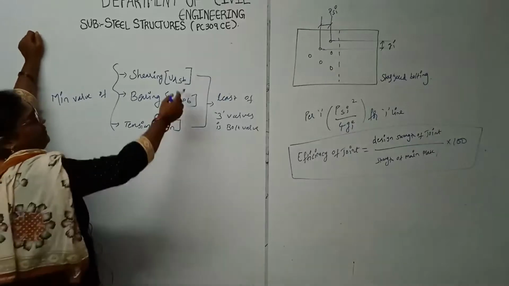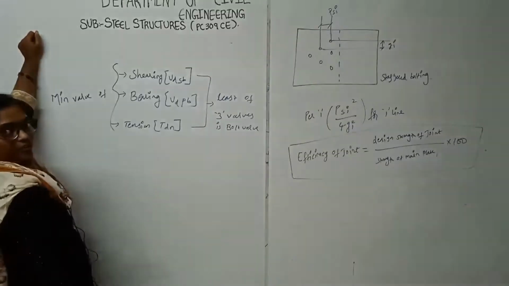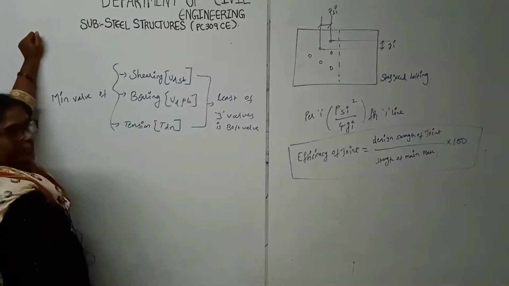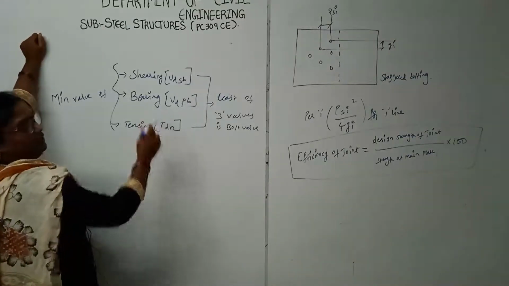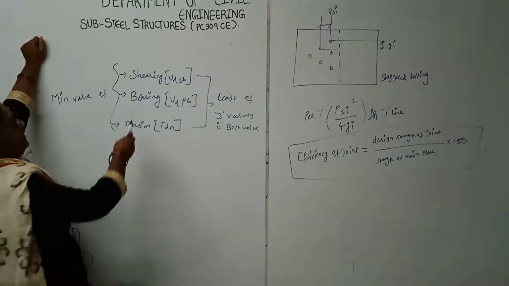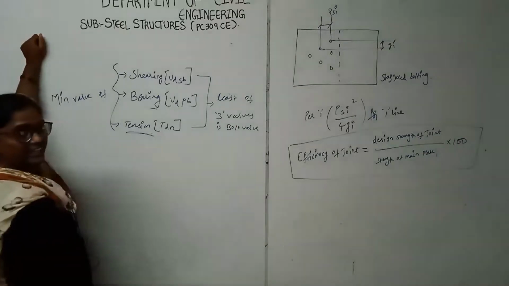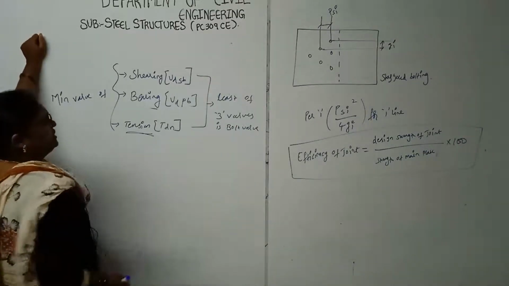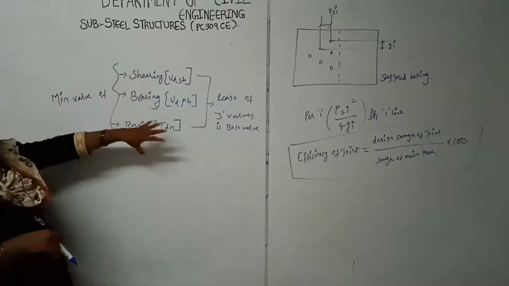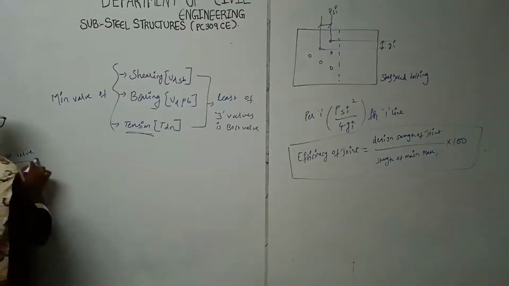There we calculated the shearing, and we got the value KB. From that we calculated the VDPB. After that for the plates we calculated the tension. Among these three we get the minimum value. That minimum value is taken as the bolt value.